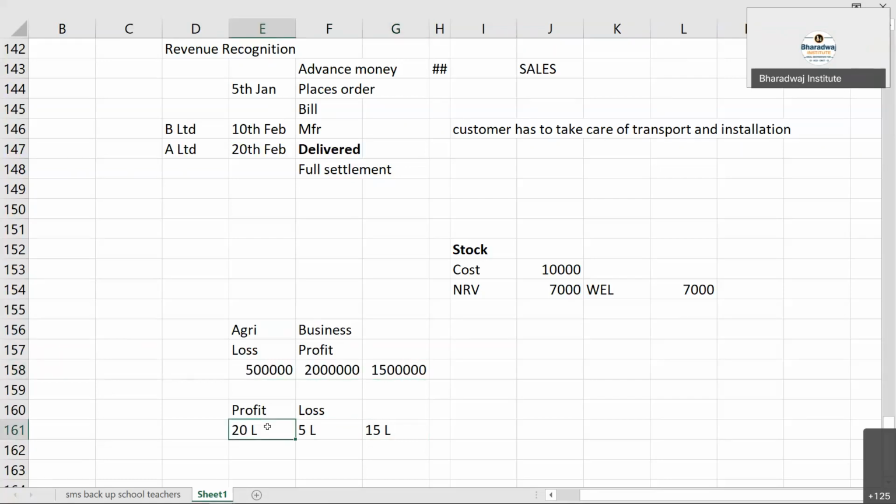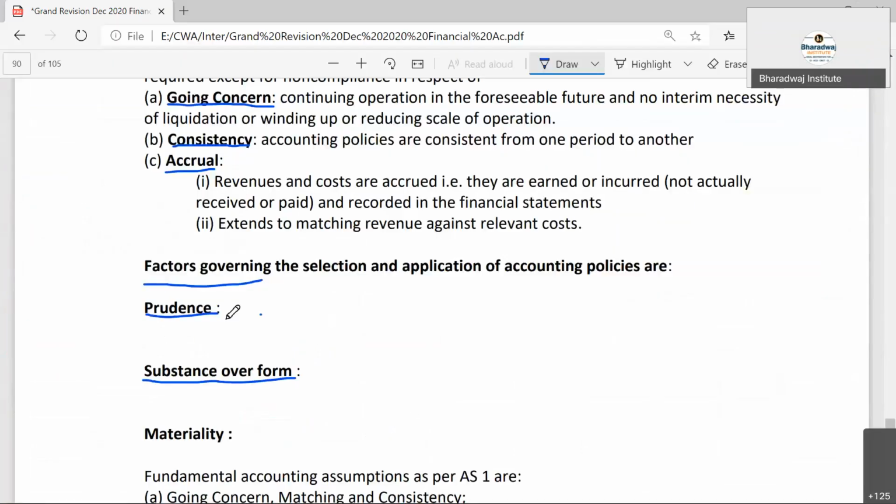Now, if you look at agriculture, there is a profit, and in business, there is a loss. If you have only agricultural income and no other business income, then you will not pay any tax. We'll be learning this in tax class, clubbing of agricultural income with non-agricultural income and calculating the tax. So you fulfilled the formality but did not reveal the truth. That's why there is substance over form.